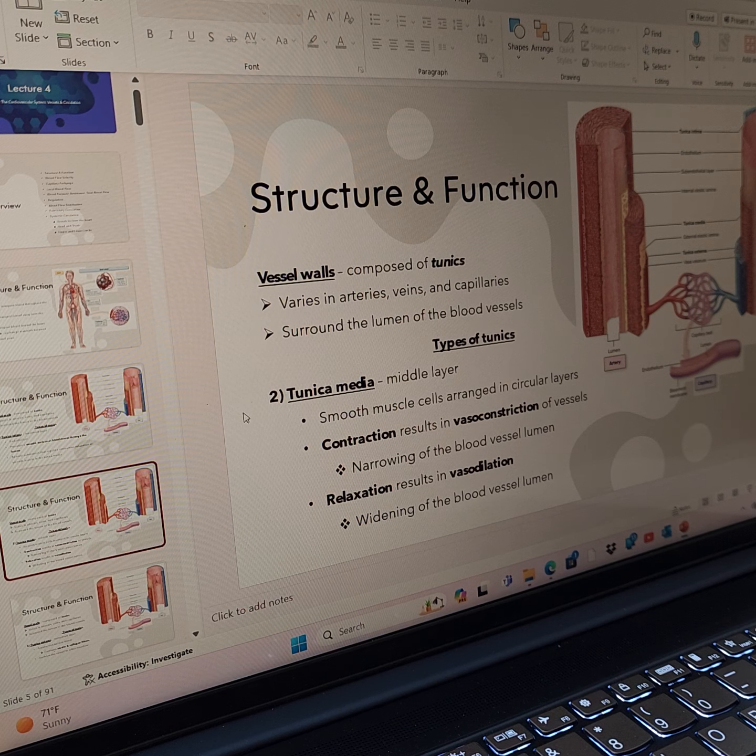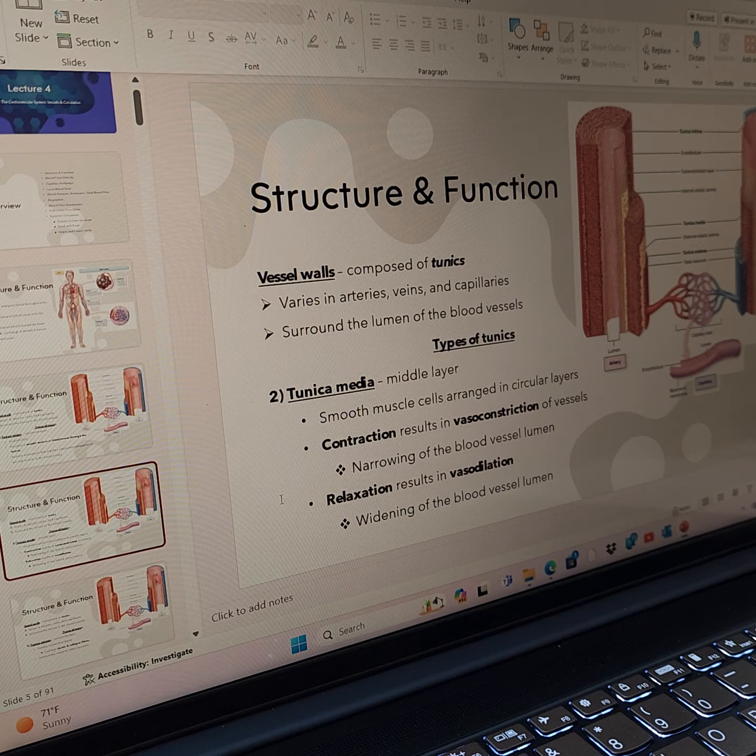Tunica media, the middle layer, has smooth muscle cells arranged in circular layers. Contraction results in vasoconstriction. Relaxation results in vasodilation. So vasoconstriction is squeezing, contracting, getting smaller, increasing blood pressure.